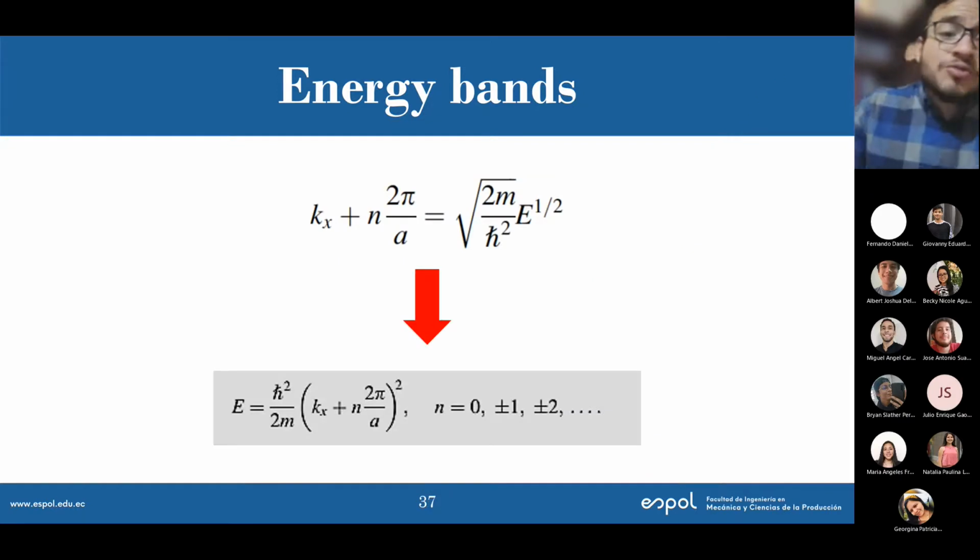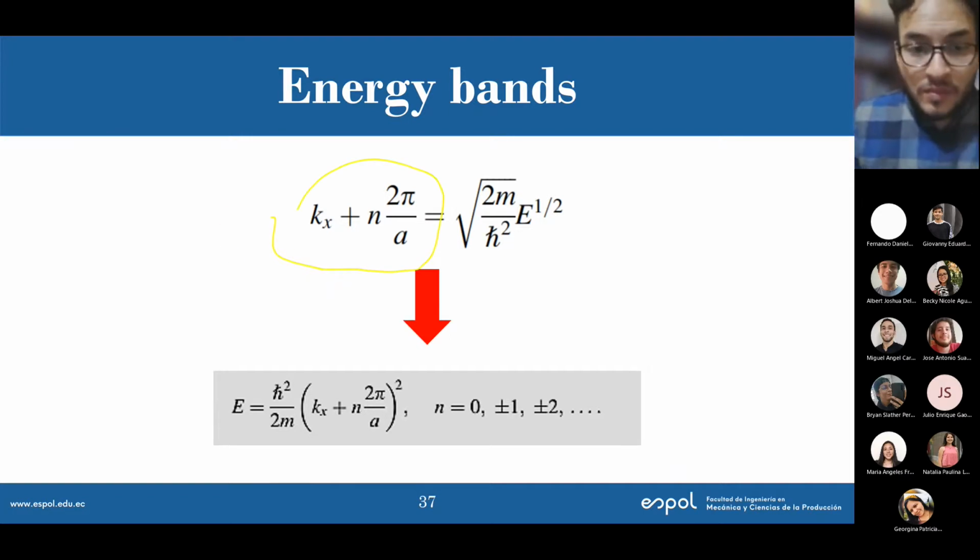So do you guys remember this equation? Or do you remember this equation?